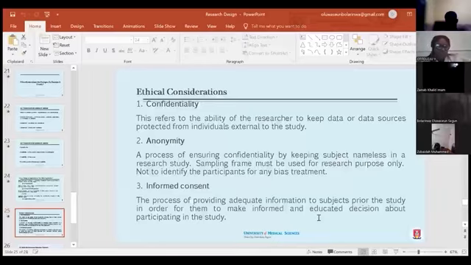Maybe if it is a hospital setting, it should not have any effect on them in any form. And those who have given consent to participate in your study, you must educate them that if they wish to leave or quit at any point in time, they are free to do so without any negative impact on them.